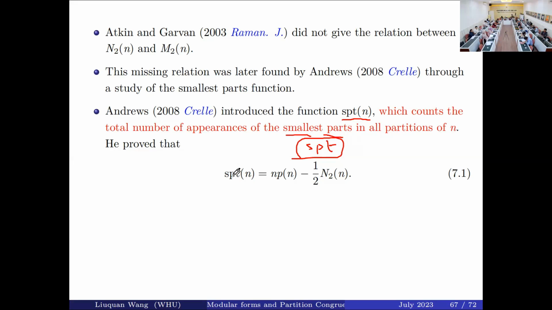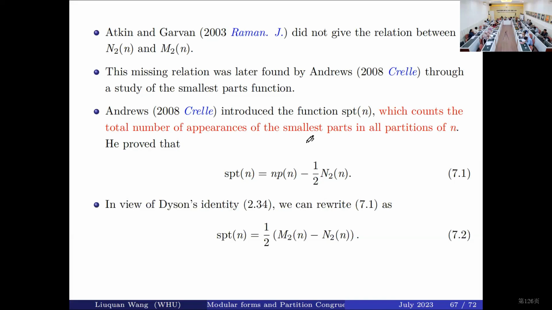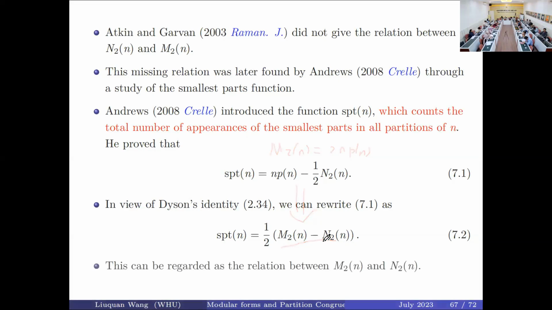And Andrews discovered that SPT of n equals n p(n) minus 1/2 of N2(n). So in other words, since Dyson proved that M2(n) equals 2n p(n), this yields that SPT(n) equals 1/2 of this difference. And this can be regarded as the relation between M2 and N2. Okay, now let's continue.